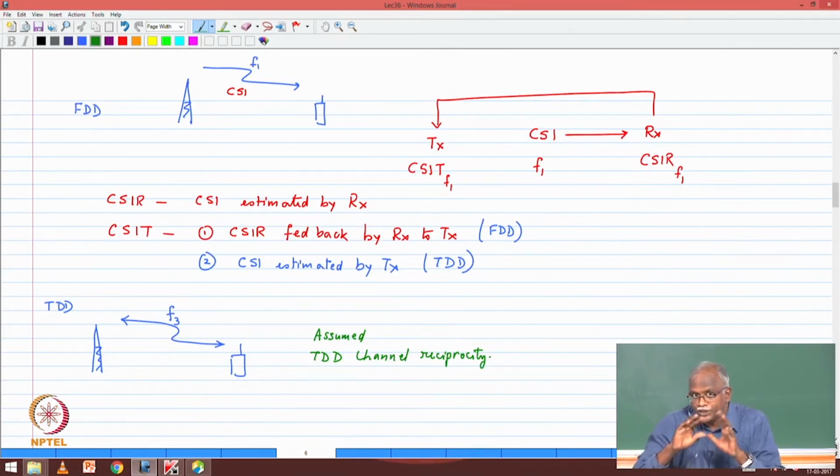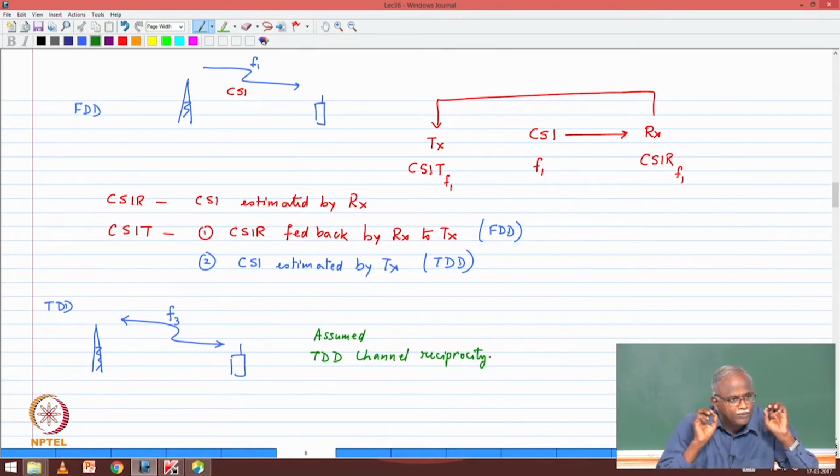Okay. So, when you start saying, I want to understand the capacity of the channel, capacity says what is the maximum information I can pass through the channel. Then you start to think, okay, if my transmitter has no information about what the channel is, it could be a very good channel or a very bad channel because of fading. It has no idea. How will it design the system? It will design it for the worst case. It will say, I don't know whether it's good or bad, so I will design it so that it will survive even the bad channel.